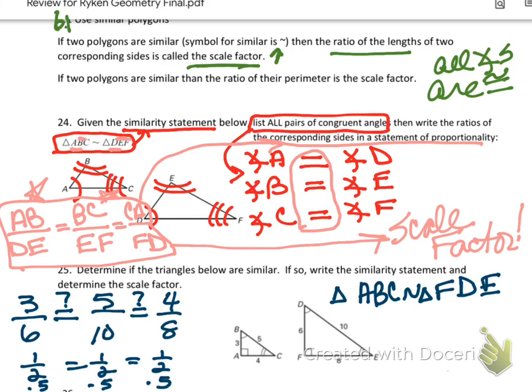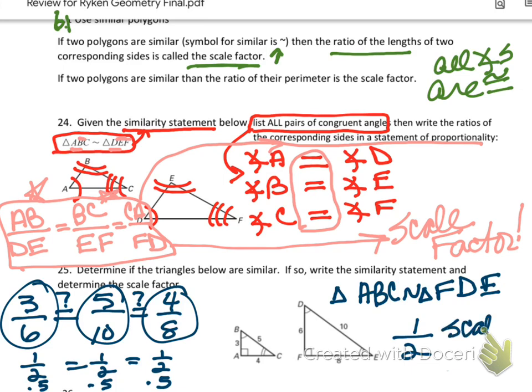Can I also determine the scale factor? All of these are in the same proportion. You want to get the scale factor in reduced form, and 3/6, 5/10, and 4/8 all reduce to 1/2. So 1/2 is the scale factor.